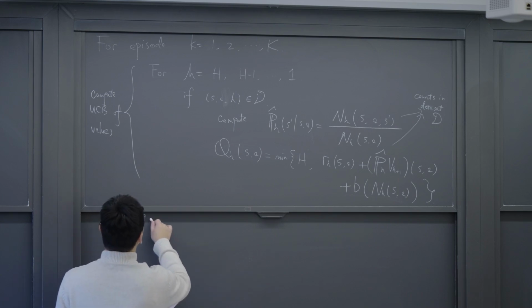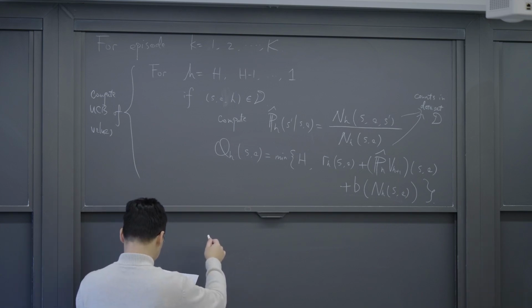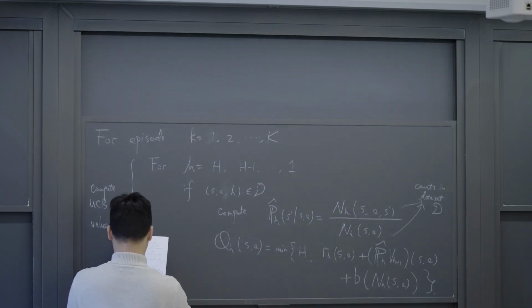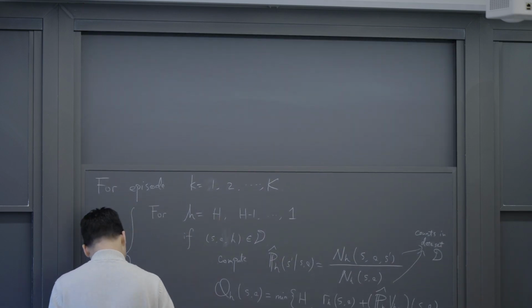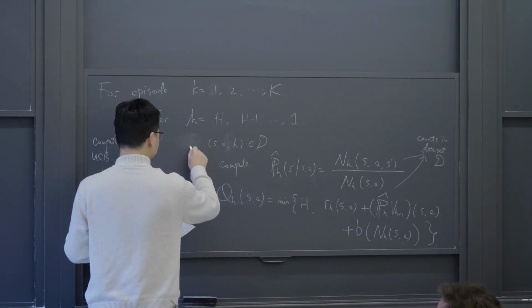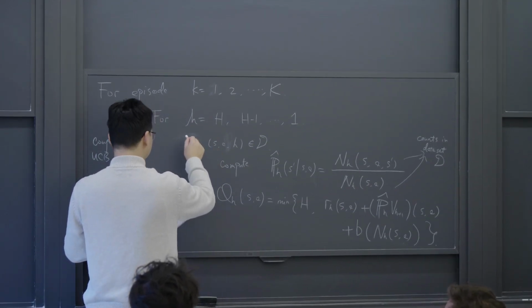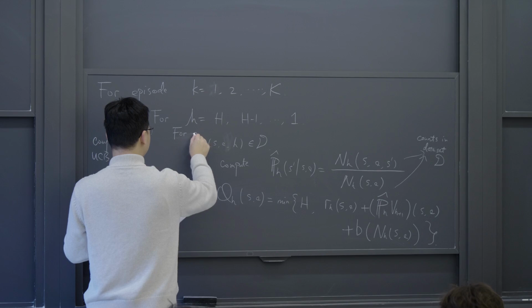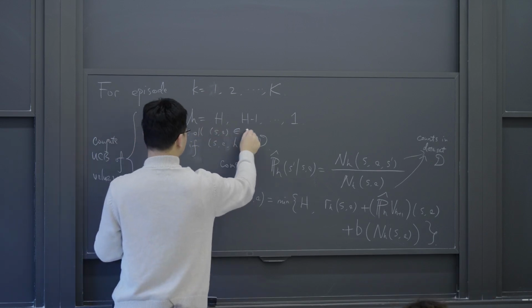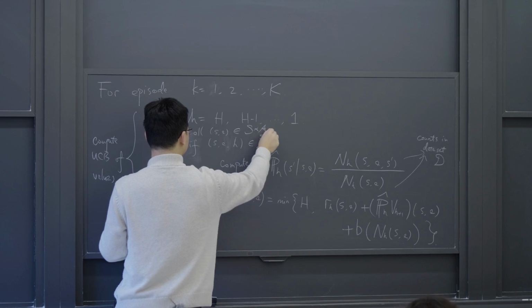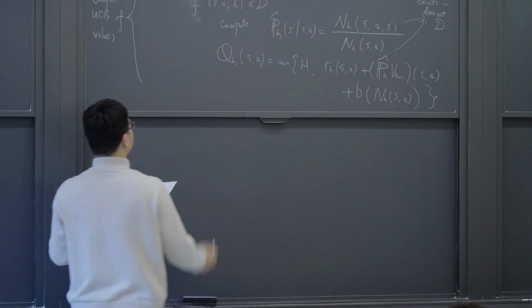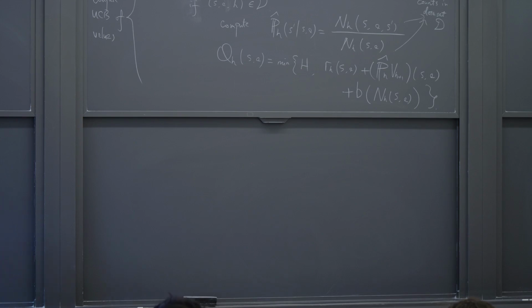So the next step is, this is saying for all (s,a), this is a Bellman update for the Q value.